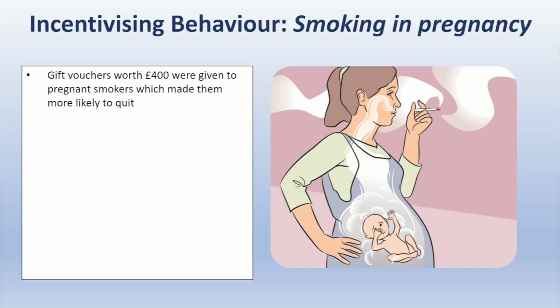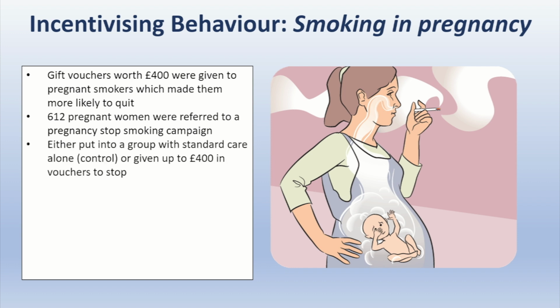What happened with this study was gift vouchers worth £400 were given to pregnant smokers, which made them more likely to quit. So 612 pregnant women were referred to a pregnancy stop smoking campaign. They were either put into a group with standard care alone, or they were given up to £400 in vouchers to stop.